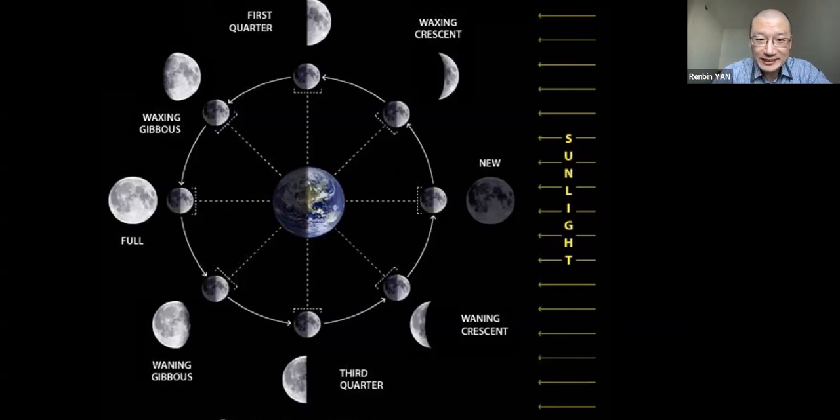I want to emphasize again that the inner circle in this diagram is the orbit of the moon around the Earth, and these pictures on the outer circle are the images we would see from the perspective of the Earth. This is the image we will see in the sky.